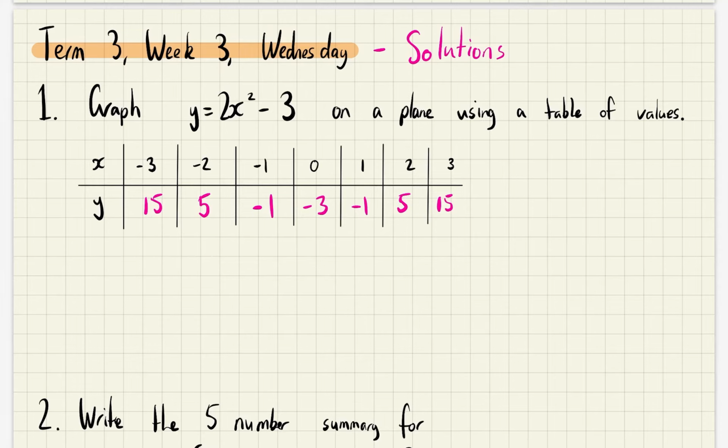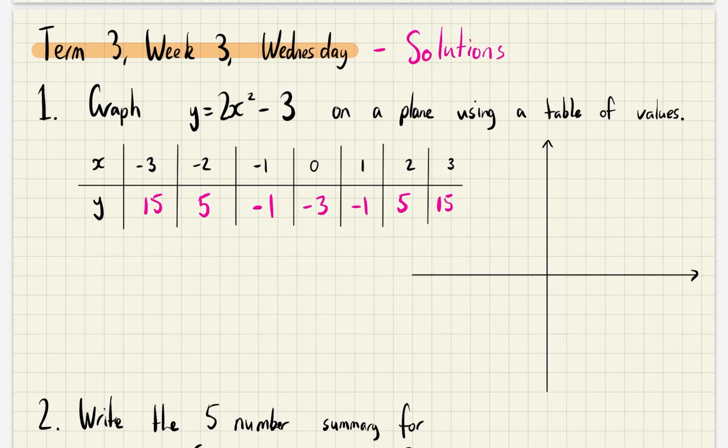Now, I'm going to graph it on a plane, but it's important to look at what values we need. We go up pretty high on the y values, but the x values we just go from minus 3 to 3. This is something I didn't talk about yesterday because I didn't want to make it more confusing. When we do our graph for our plane, I'm going to do that here.